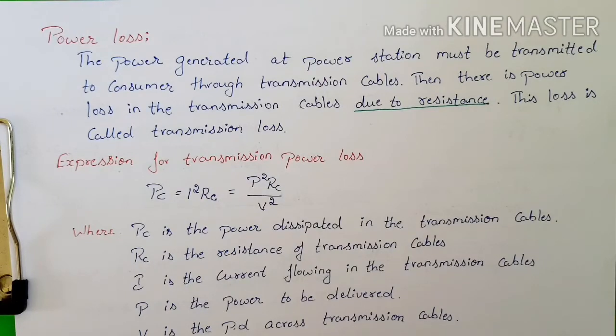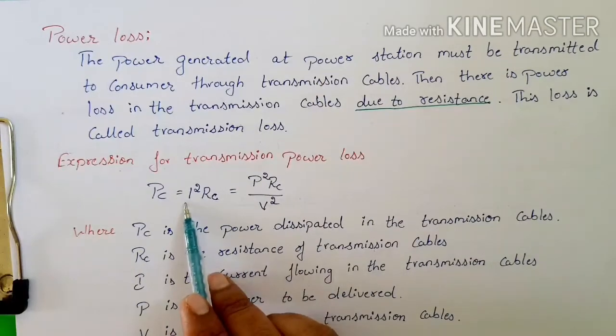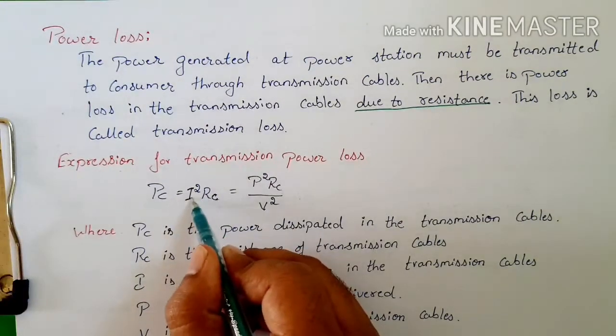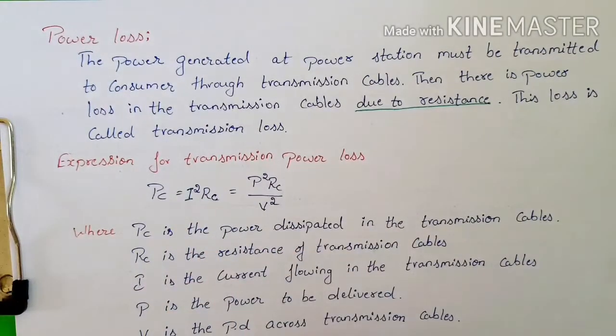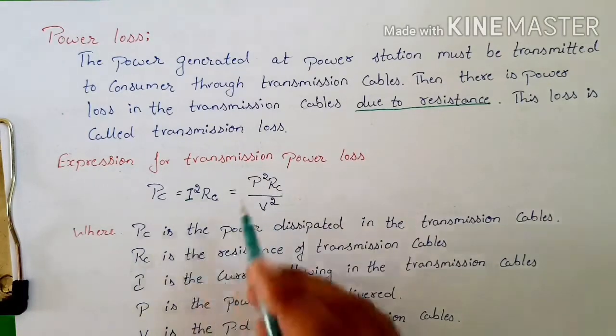So this loss is called transmission loss or power loss, and it can be given by this equation. See, PC is equal to I square RC, or we can also write this as P square RC by V square. How do we get this equation?